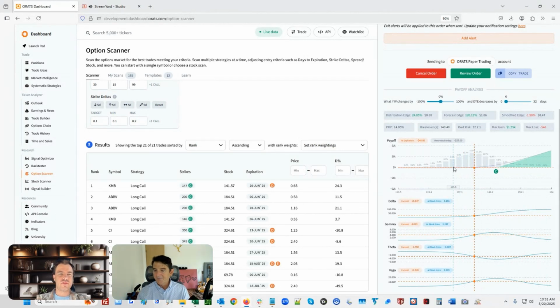And so the D percentage itself is you add up all of those buckets that are in the green area, right? And that is almost like a probability of profit kind of calculation, where you're looking at all the buckets underneath the green area. Not necessarily. You're describing the probability of profit.